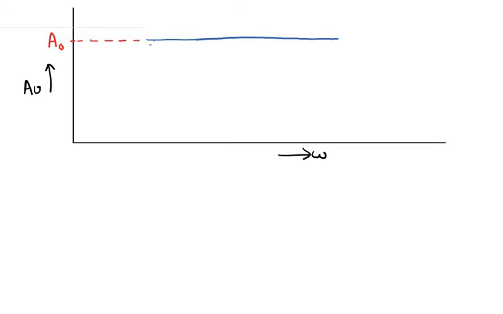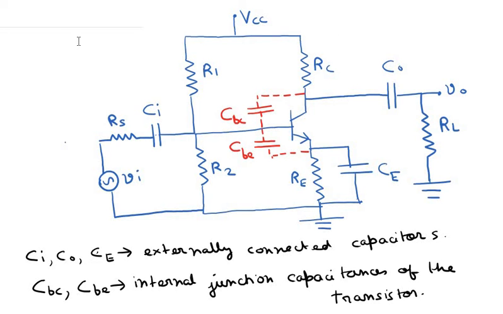Now let us understand what would happen if I actually tune the frequency to a very low value. Now if I basically reduce the frequency to a very low value, these three capacitors, Ci, C0 and CE, basically do not act as short circuit anymore. Okay, so if Ci does not act as a short circuit, then Ci would provide a finite impedance to the path of the AC base current, because the AC base current has to flow in this direction.